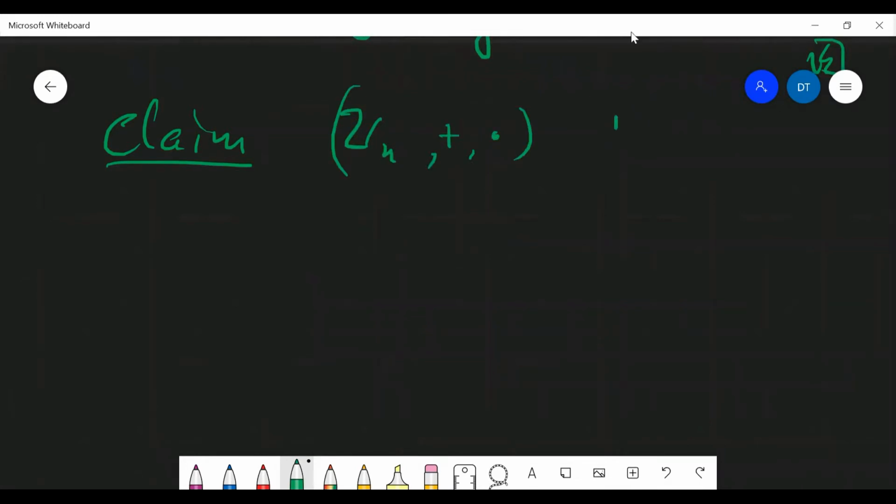If we have an ideal here, then there is a positive integer k dividing n, such that I is equal to k times Z_n. So every ideal of the ring of remainders is of this form. So it's generated by an integer dividing n.